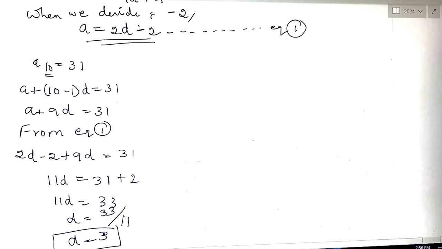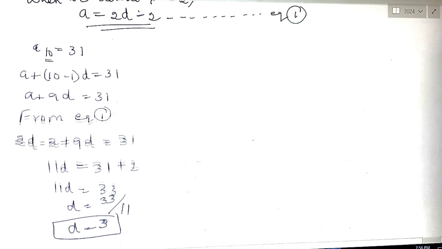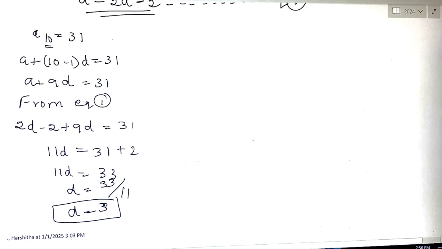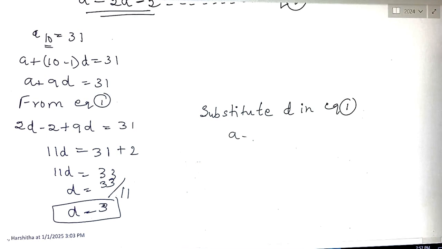So now we know the value of d. We can substitute d in equation 1. Equation 1 is nothing but a is equal to 2d minus 2. Now we need to find the a value, so we substitute the d value here.